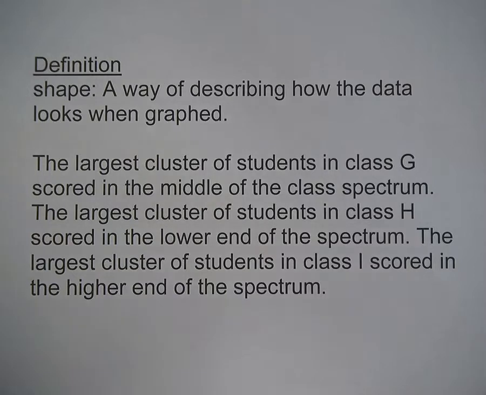The largest cluster of students in class H scored in the lower end of the spectrum. And the largest cluster of students in class I scored in the higher end of the spectrum. Generally, if I had a student in one of those classes, I would probably want them in class I because chances are they'd be in that cluster towards the larger values.